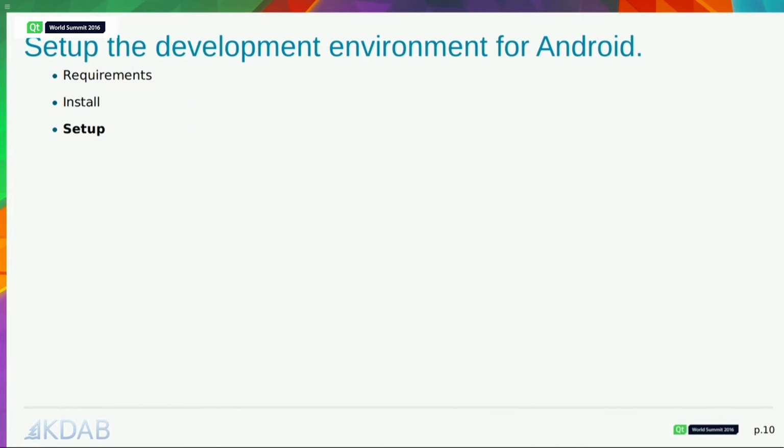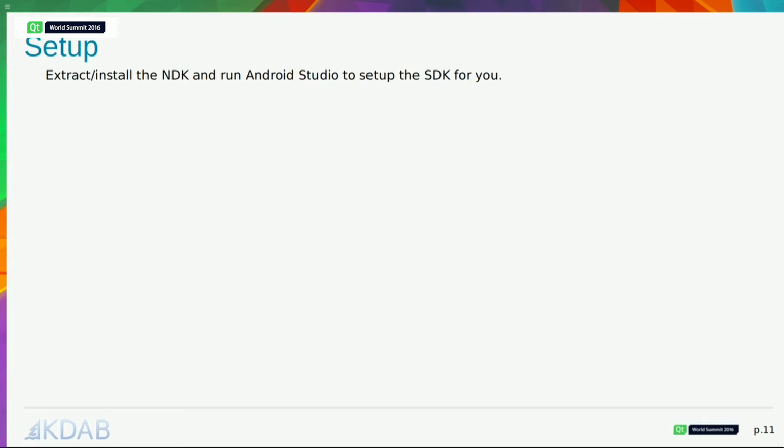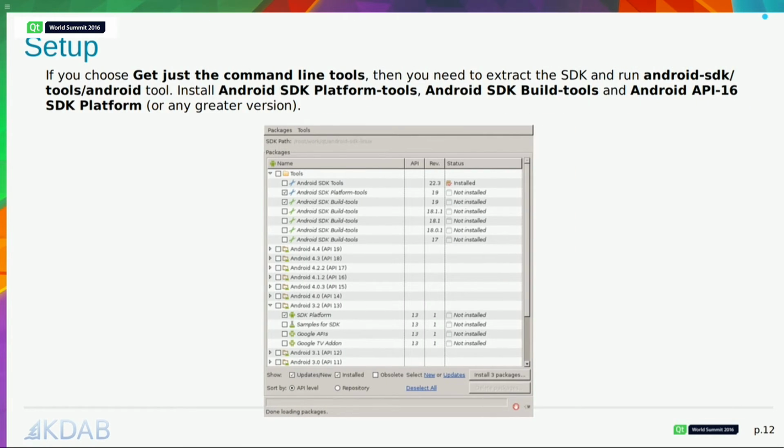Then we need to set up everything. The first step is to install the NDK and Android Studio. Again, Android Studio will set up the SDK for you. If you choose just the command line tools, you need to extract them and then run the Android tool and select Android SDK platform tools, Android SDK build tools, and an API version greater than API 16.